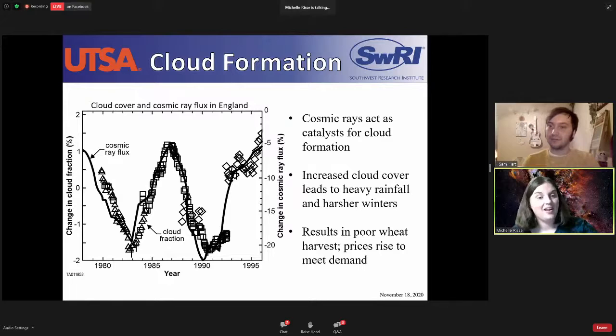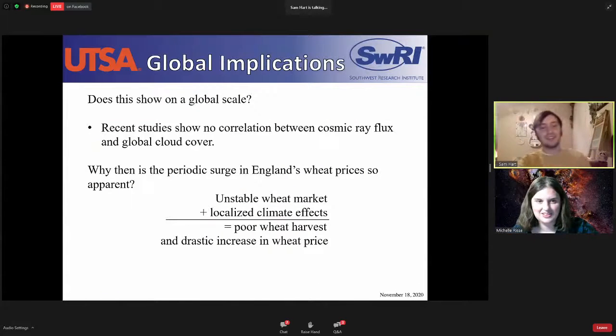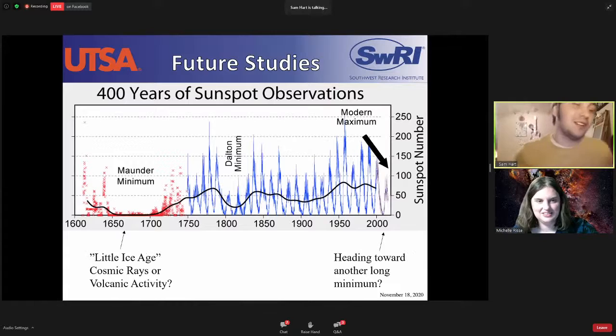Okay. Next question: is anyone modeling both of these hypotheses together? And if so, do you know who? I am not sure who, but I do know that when it comes to cloud formation, there are a lot of different processes involved. It's hard to say that cosmic rays are the only things that aid in cloud formation versus volcanic activity.